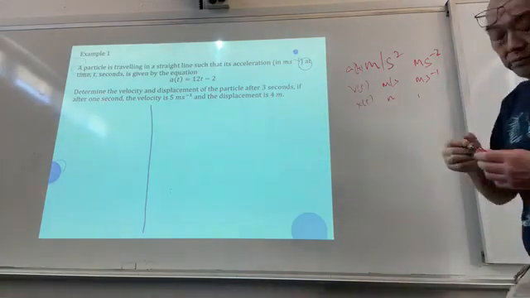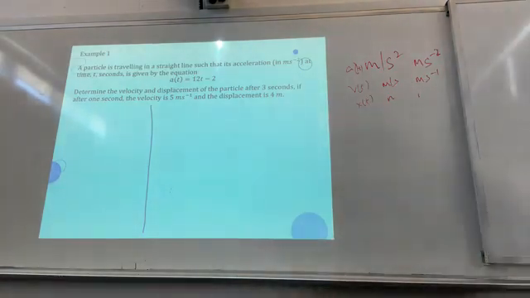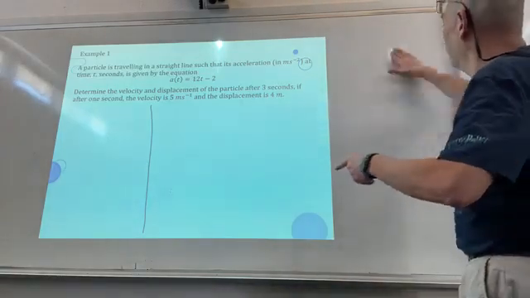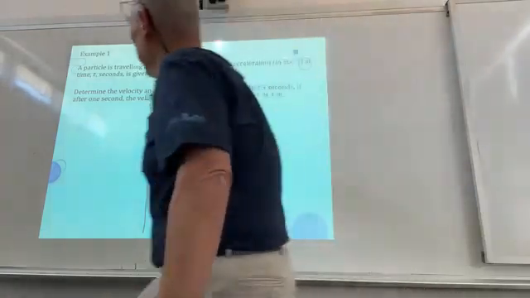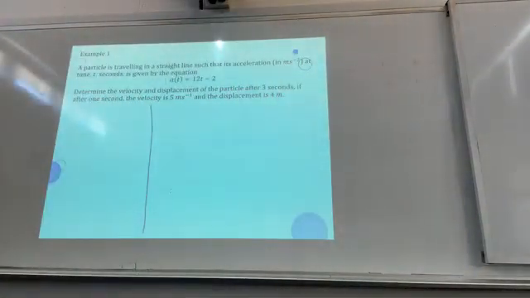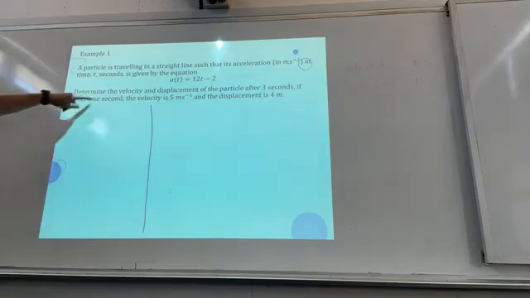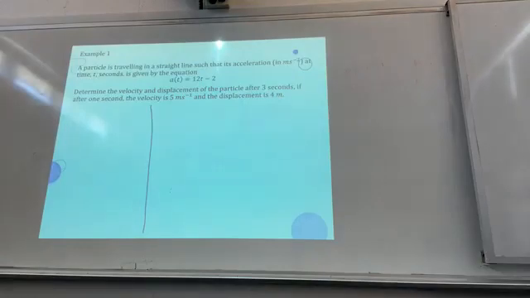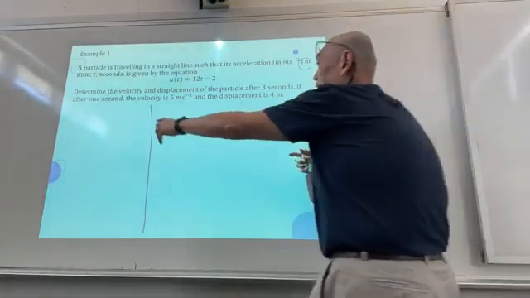All right? Now, think about this as an integration problem. You're going to integrate the acceleration to velocity and then to distance. But then, what it gives you is not t equals 0. You have t equals 1 second.